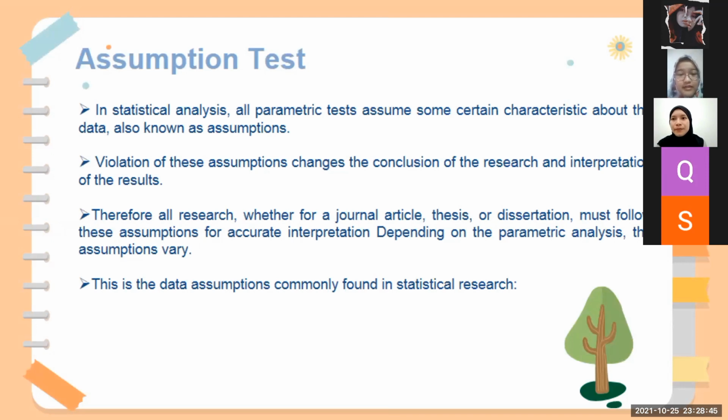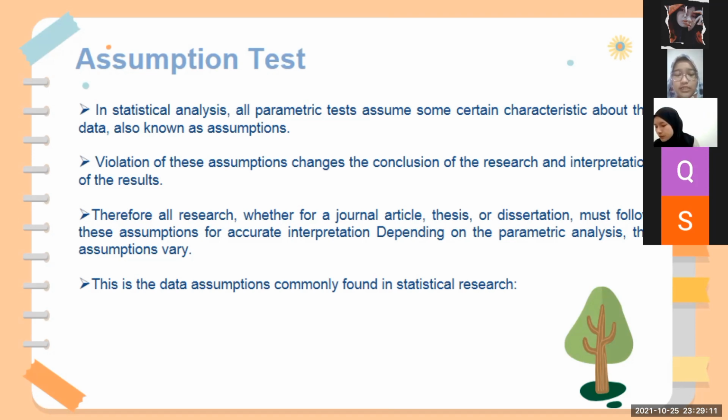The assumption test in statistical analysis. All parametric tests assume certain characteristics about the data, also known as assumptions. The violation of these assumptions changes the conclusion of the research and the interpretation of the results.